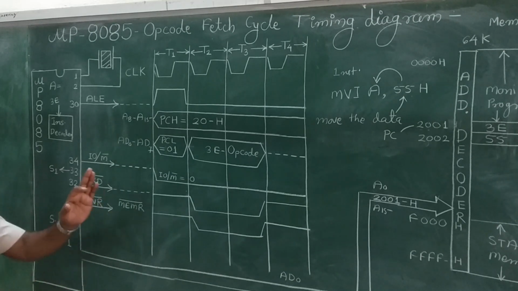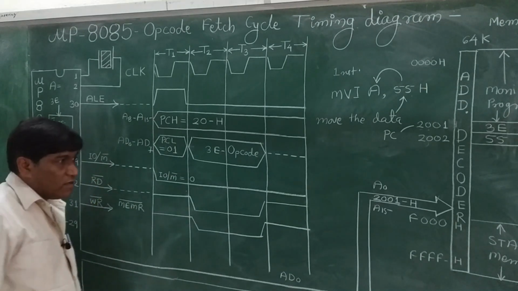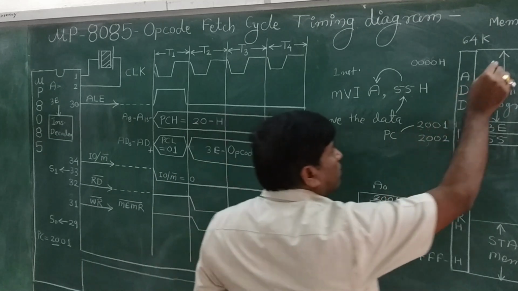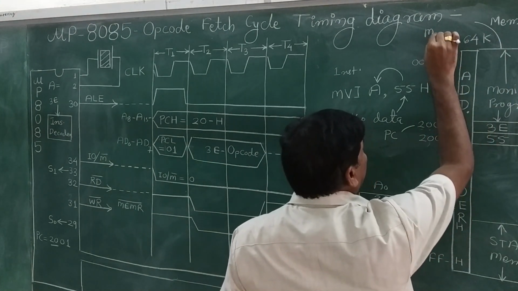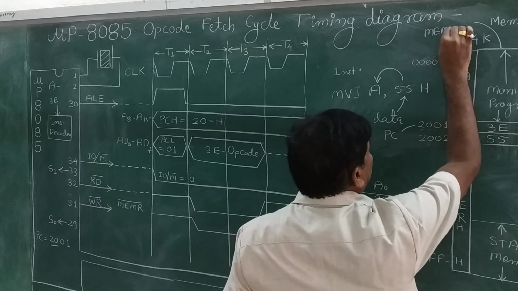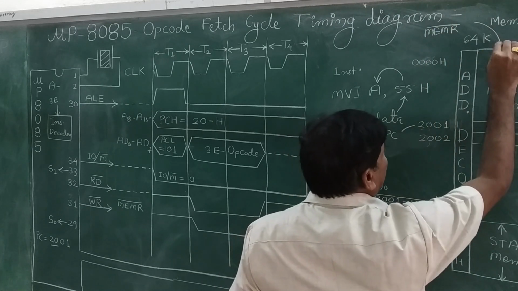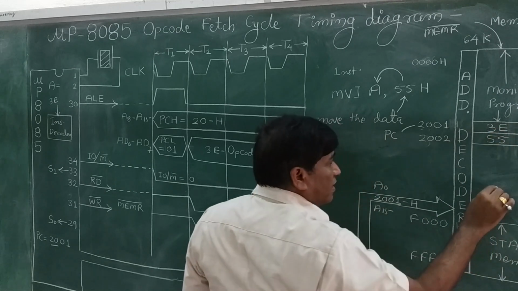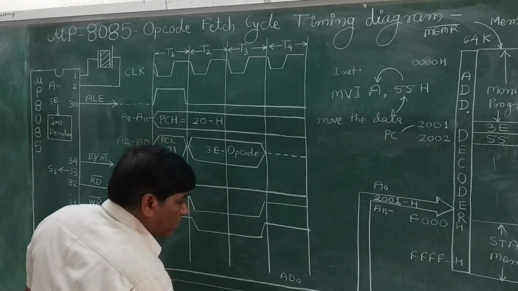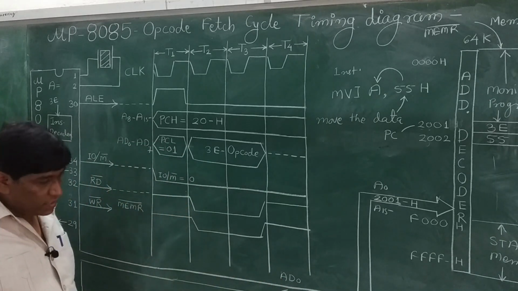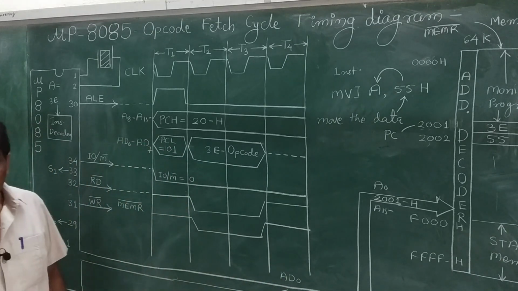Now, when this memory read is given to the memory, then depending on this activation, the data will be transferred via the data bus. We have shown 80 to 87 combined data buses.